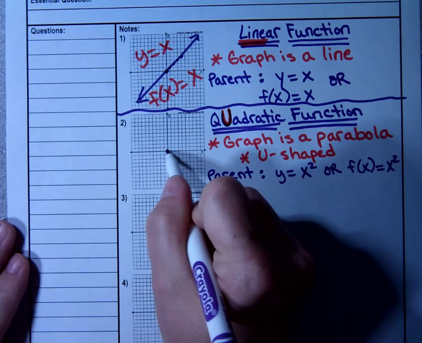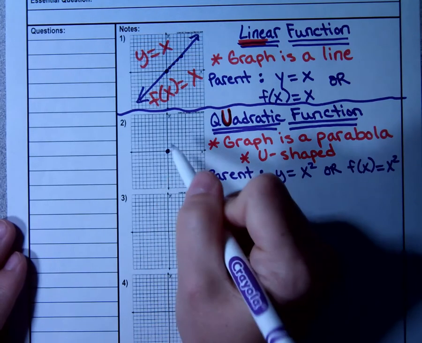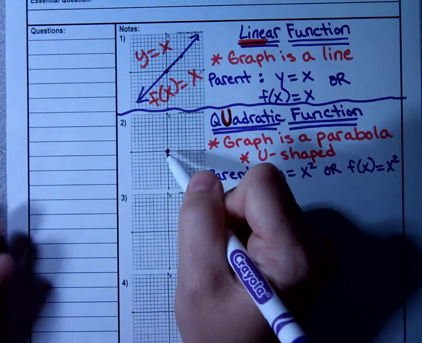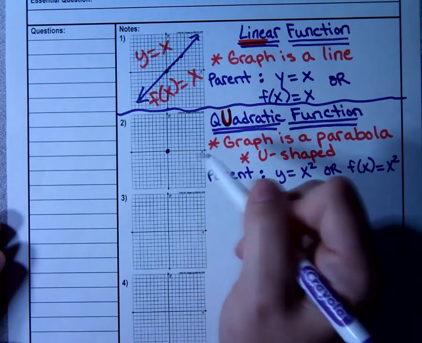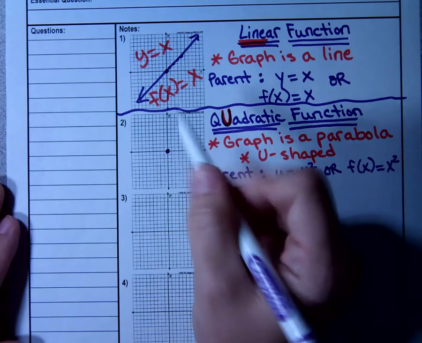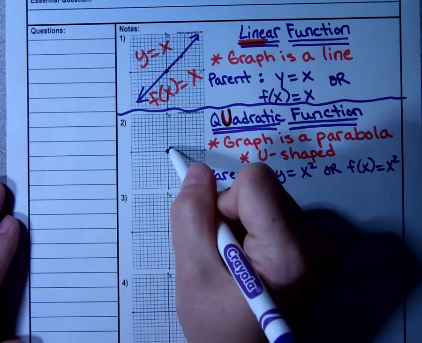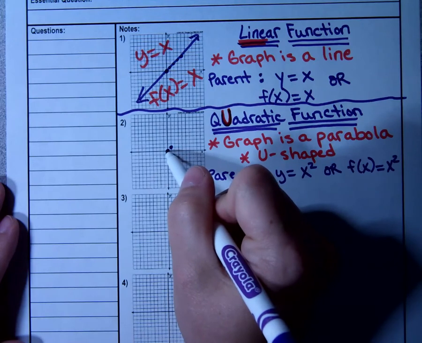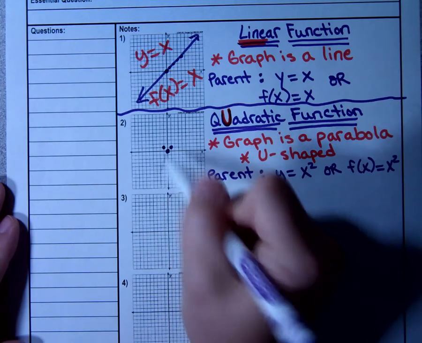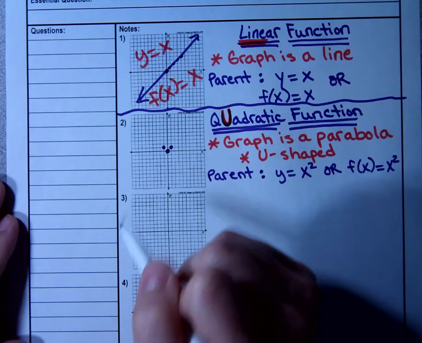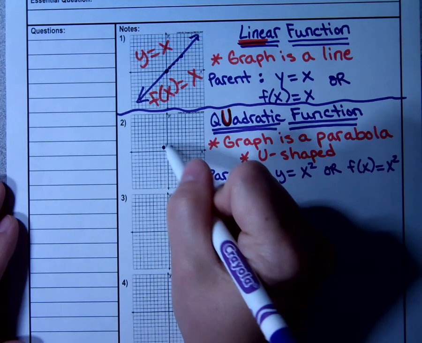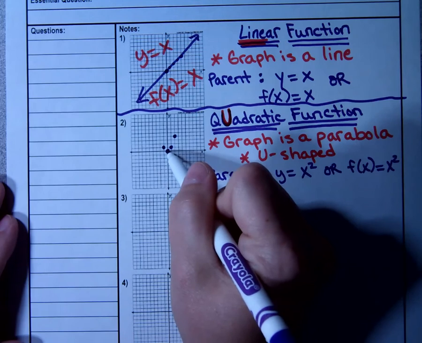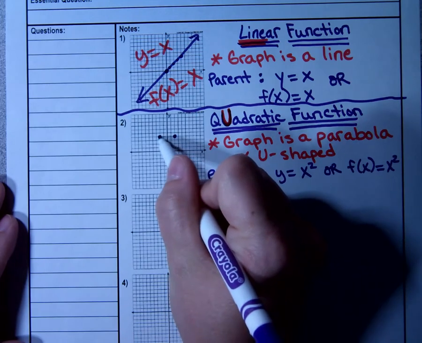Okay, I want to show you what this looks like. Its vertex is at 0, 0. And then I'm just going to plot a couple points, and then we're going to connect them. And later in the year, we'll talk about why the graph looks this way. So I'm actually going to go up 1 and right 1, and I'm going to go back to my vertex, and I'm going to go up 1 and left 1. The next thing I want to do is go to my vertex and go up 4 and right 2. I'm going to go back to my vertex and go up 4 and left 2.